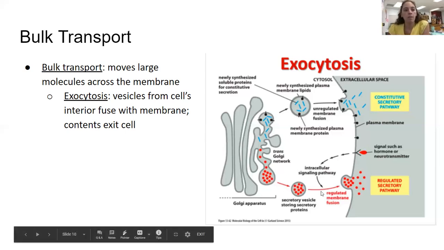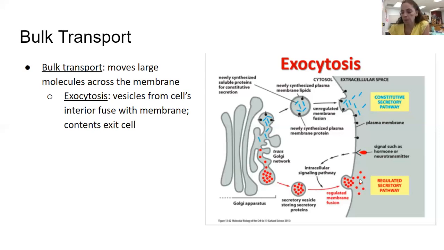Now we have our vesicle here traveling, releasing a signal molecule. That'll trigger a reaction in the neighboring cell next to it. This process of exocytosis becomes very important to our nerve cells and our endocrine cells that are sending out chemical messages. Messages are made inside, packaged by the Golgi, and then released through exocytosis.